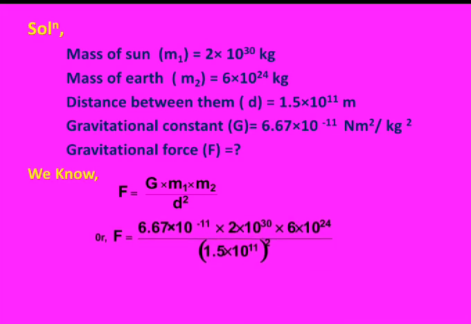Or F equals 6.67 into 10 to the power minus 11 into 2 into 10 to the power 30 into 6 into 10 to the power 24 upon 1.5 into 10 to the power 11 whole square. Therefore, F equals 3.55 into 10 to the power 22 Newton.